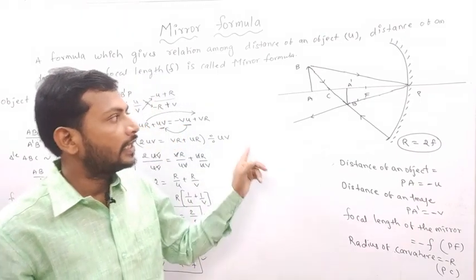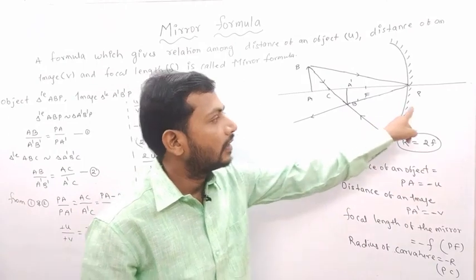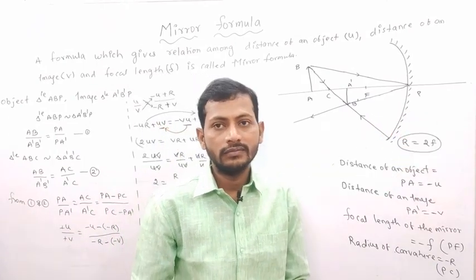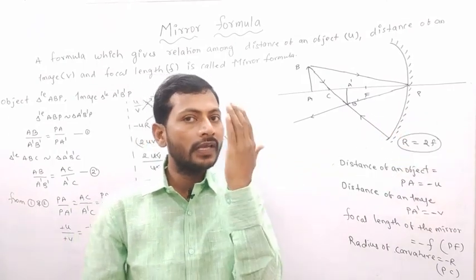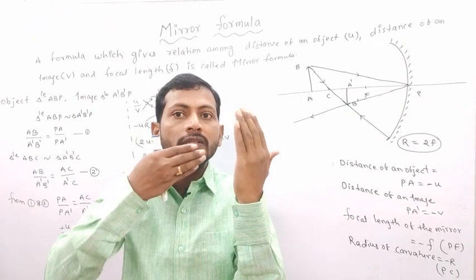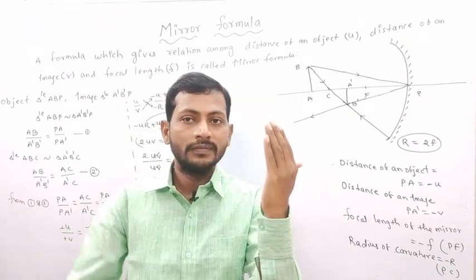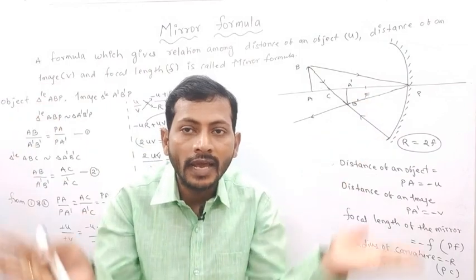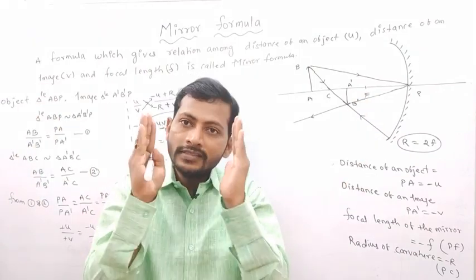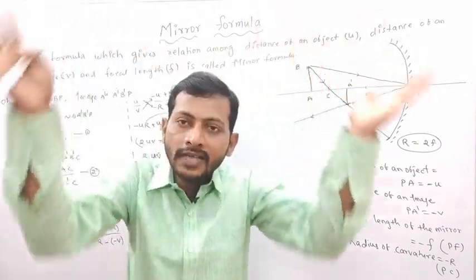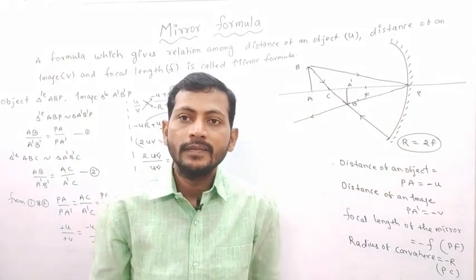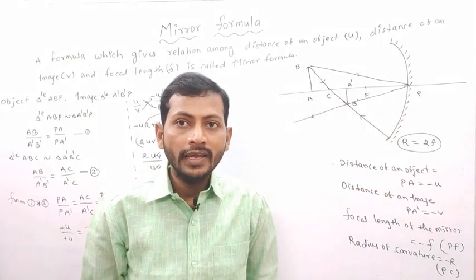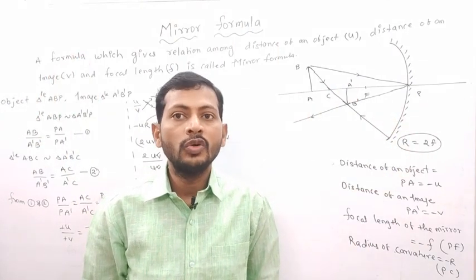But when I see my face in a concave mirror, I keep my face very close, between the focus and the pole. My face is this much only, but I get the size of the image as a bigger size. Now you are going to say the size of the image is bigger than the object.